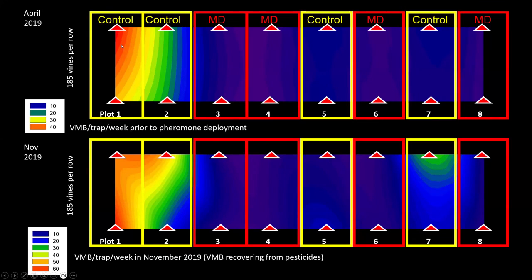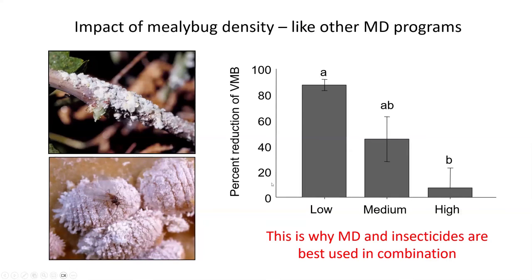We still have this hot spot up here, but everything below is cool blue at the beginning of the season. So these controls are getting the benefit of being surrounded by mating disruption. The bottom graph, end of the season, just confirms that. The only little spot in the control was upwind. So plot size, wind direction, all these elements are important.